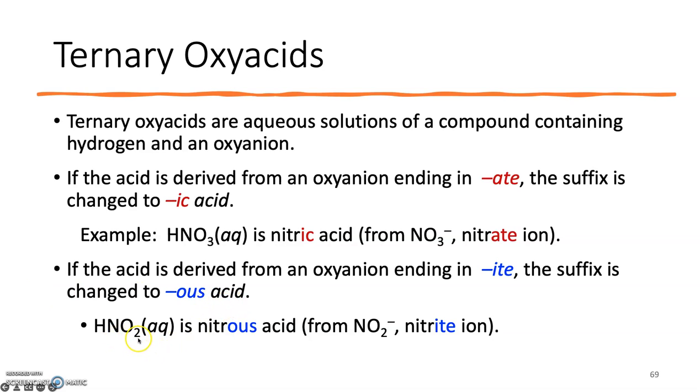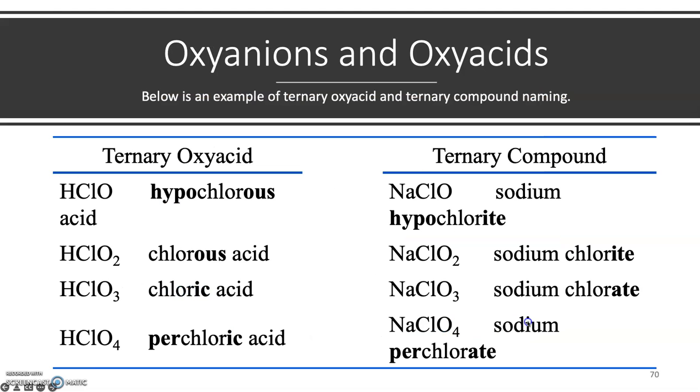For example, HNO2 is nitrous acid because NO2 minus is nitrite ion.